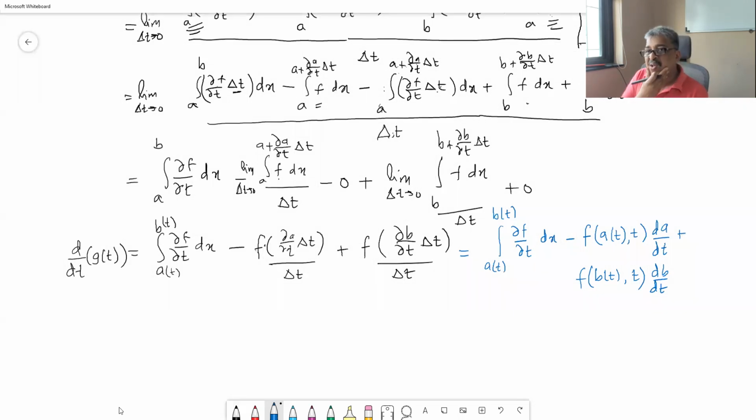Now, the confusion in this formula is that there are two variables: the variable with which we are supposed to integrate and the variable with which we are supposed to differentiate. There is always going to be a confusion between that, and therefore I would like to write this final formula in terms of parameter and variable. t is our parameter.